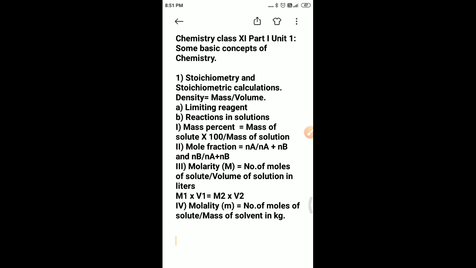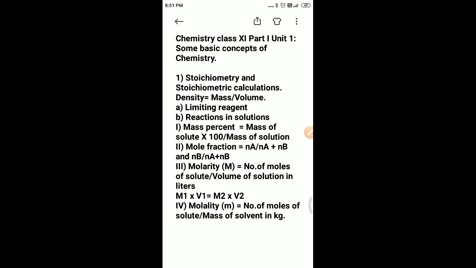According to this chemical reaction, CH4 plus 2O2 gives rise to CO2 plus 2H2O. We can derive it as 1 mole of CH4 reacts with 2 moles of O2 to give 1 mole of CO2 and 2 moles of water.